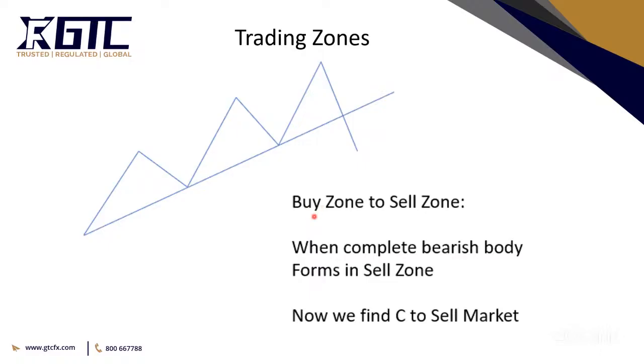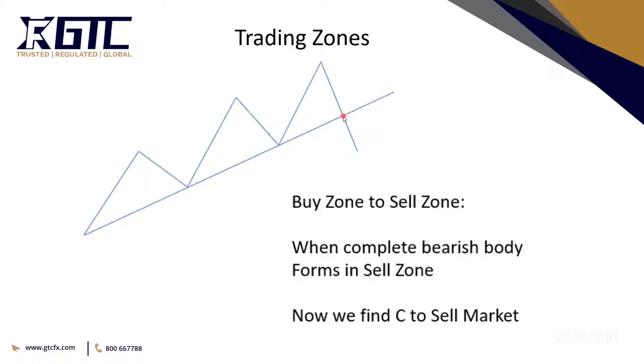When can we decide that the market has entered from the buy zone to the sell zone? Number one, when a complete bearish body forms in the sell zone. Please listen carefully, brothers. We have to allow one complete bearish body to enter the sell zone.